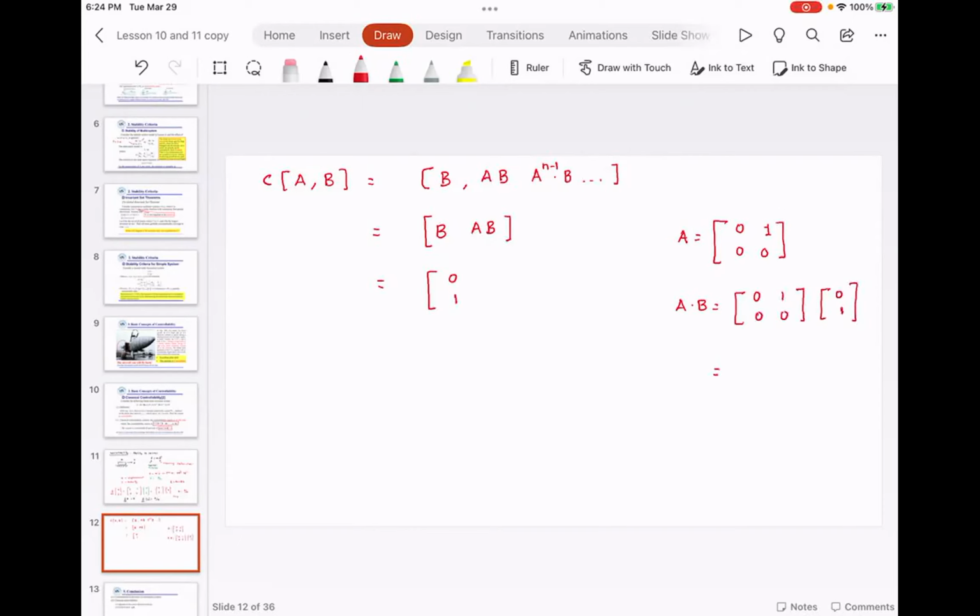This becomes the first row, first column, second row, first column, so this will become 1, 0. And now I have to find out the rank of this.